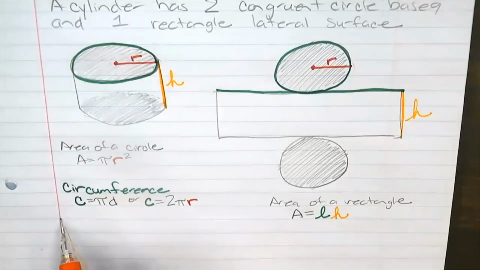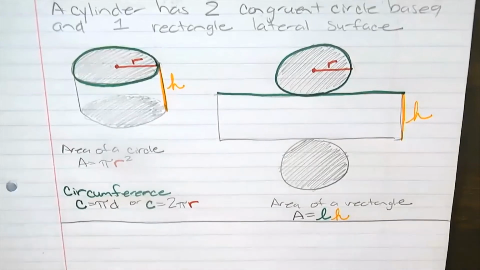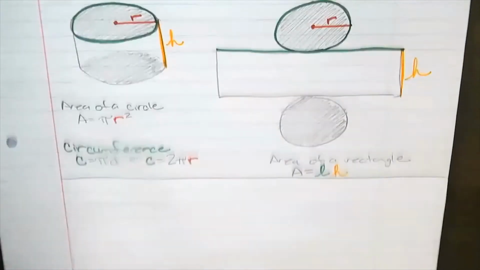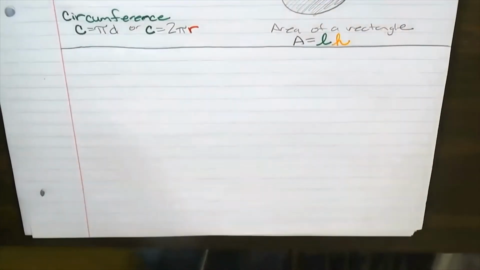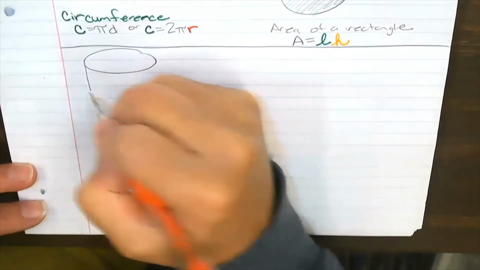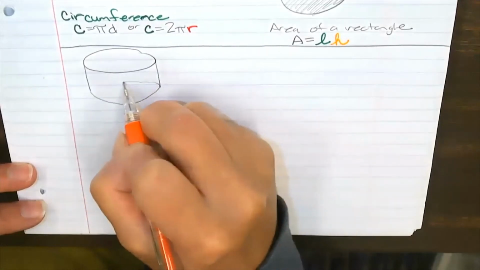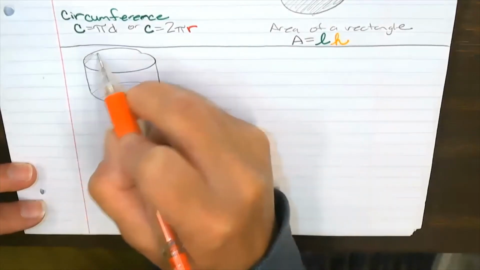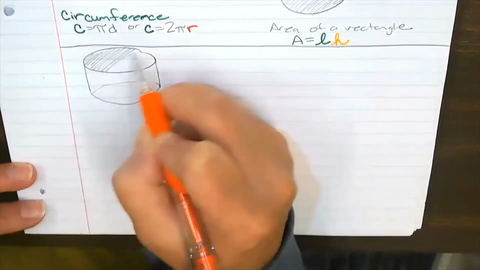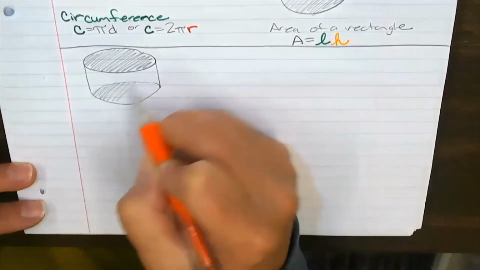But what does all of this mean? Well, let's figure that out. Okay, the book has given us a cylinder that looks like this. Here's our circle base. And here's our second congruent circle base.